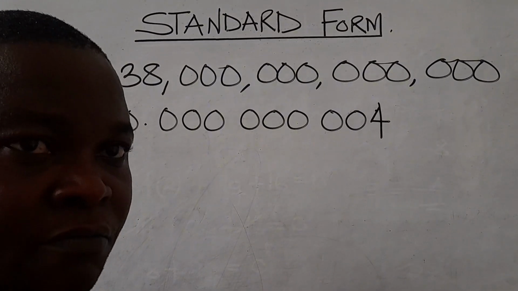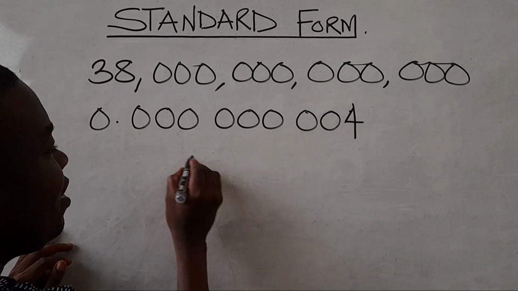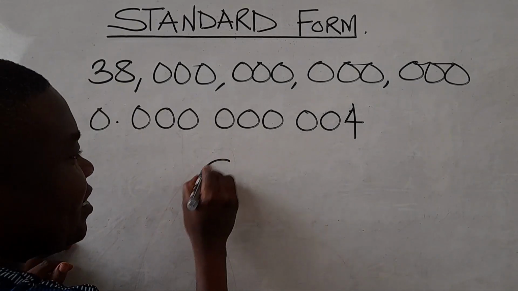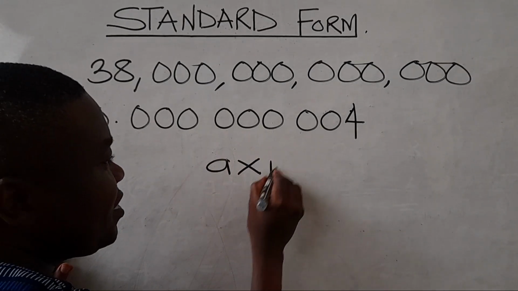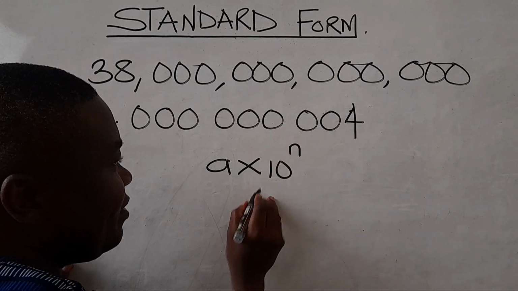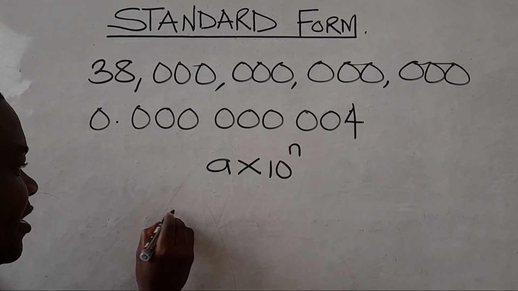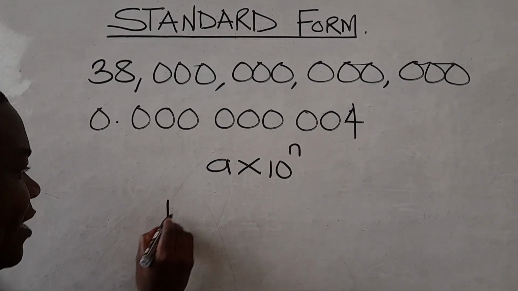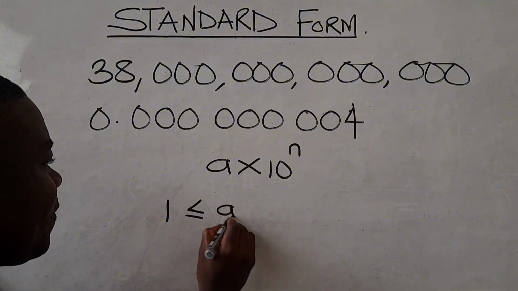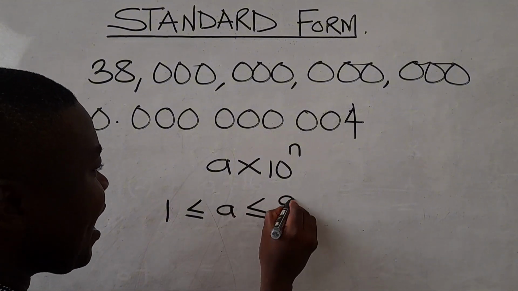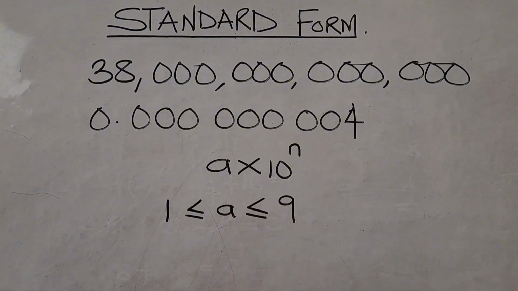Standard form is presented in a way like this: a times 10 raised to power n, where a is between 1 and 9.